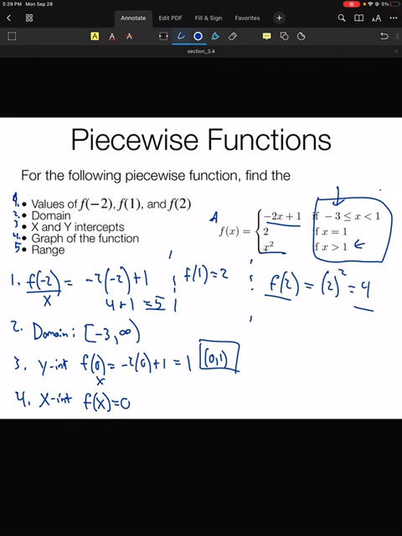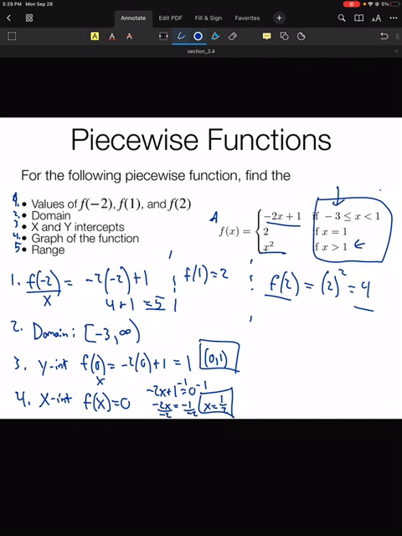So let's do that first for negative 2x plus 1. When we set that equal to 0 and solve for x, we subtract 1 to get negative 2x equals negative 1, and then dividing by negative 2, x is equal to 1/2. So there is one possible x-intercept.